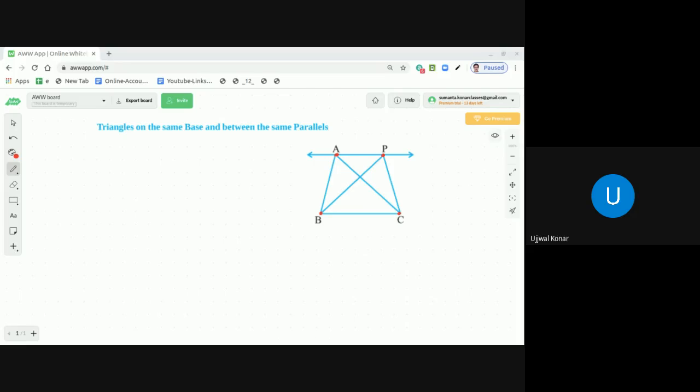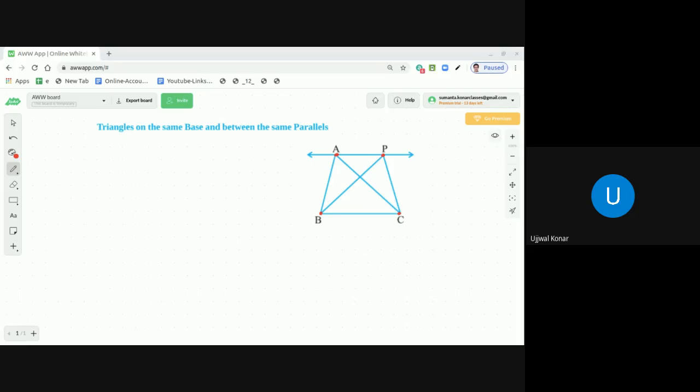Once you do that, you can find the areas of these triangles. You have the graph paper. You can apply the formula for the area of a triangle, half into base into altitude, and then you'll see that the areas of all these triangles remain the same.